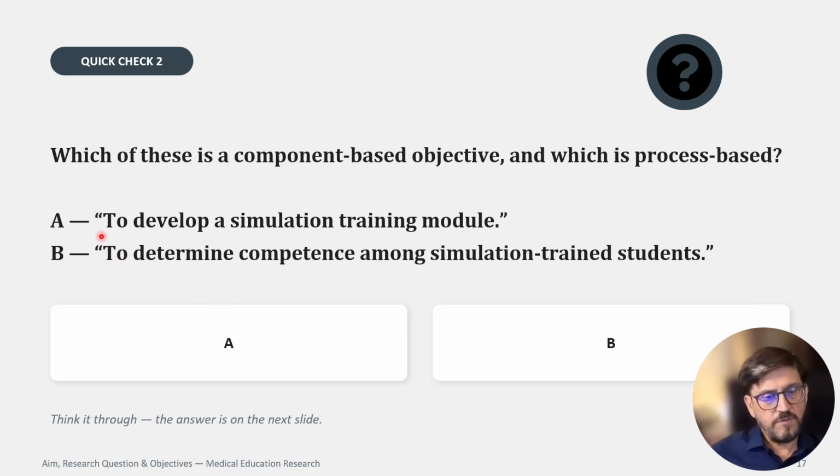So the options are: to develop a simulation training module, and to determine competence among simulation trained students. Now you need to decide which one is a component-based objective and which is process-based. So let's have a look.